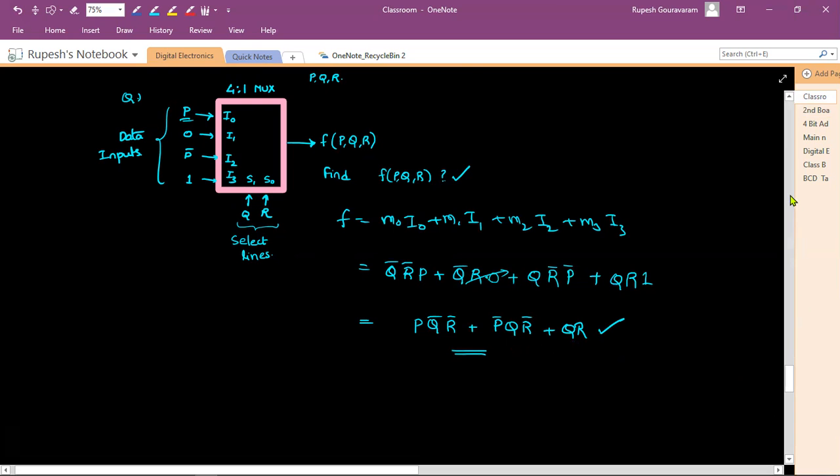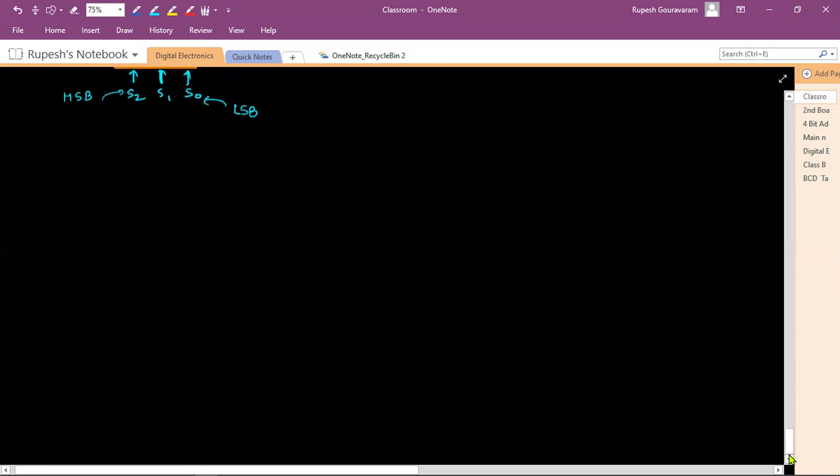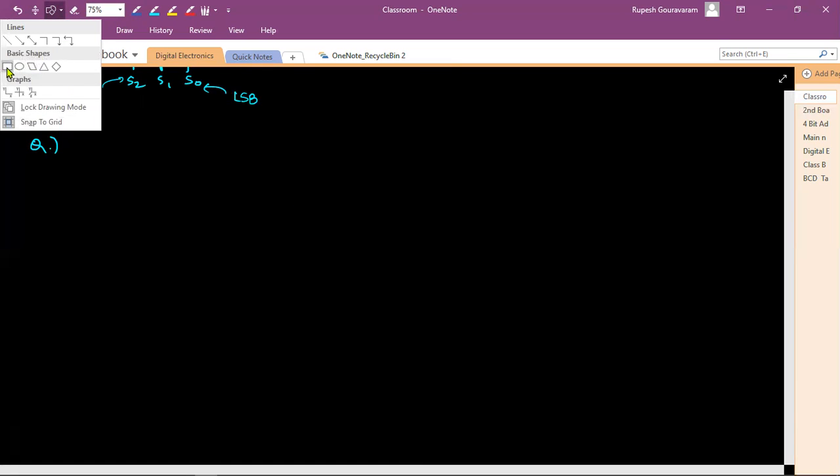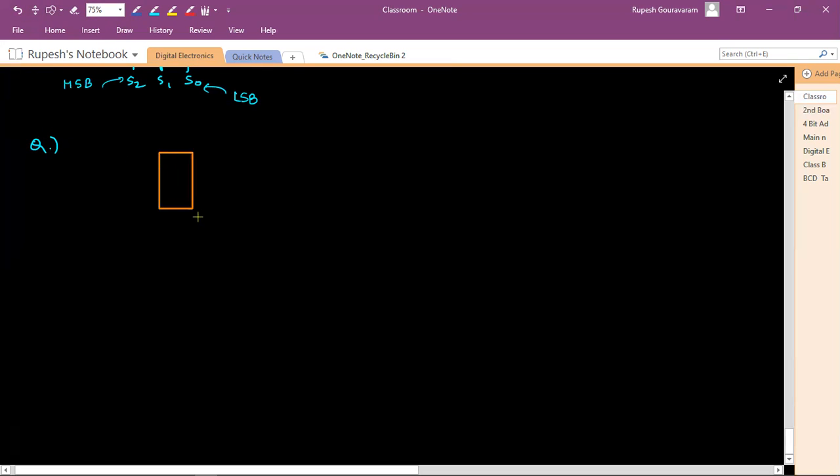Now let us move on to the next question. This question has two multiplexers. Slowly we will increase the complexity.